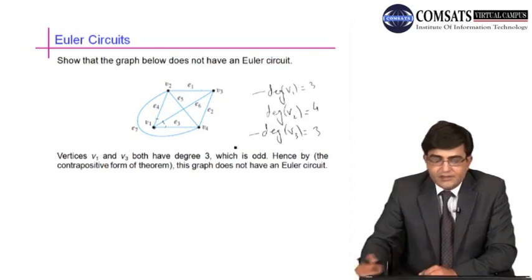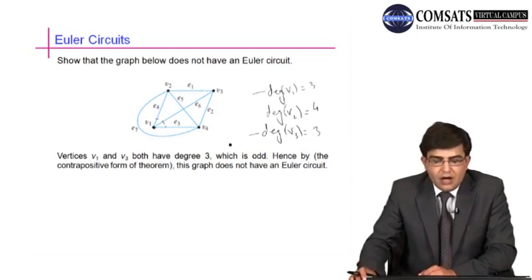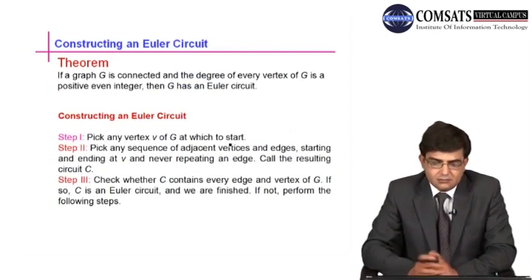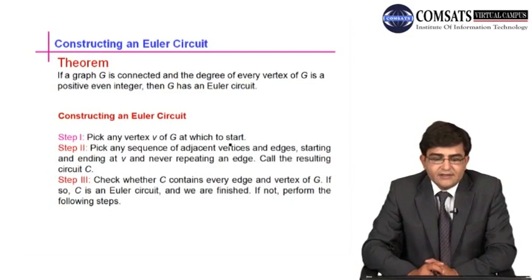Now we shall discuss the procedure of how to construct an Euler circuit within a graph. Here is another important theorem. The proof of these theorems you can see in the book of Discrete Mathematics written by Susanna, in the chapter of graphs.